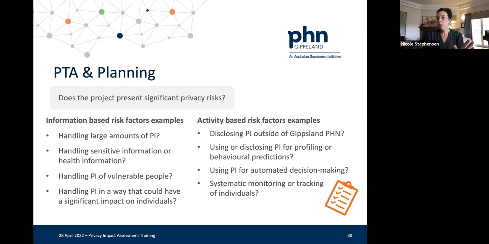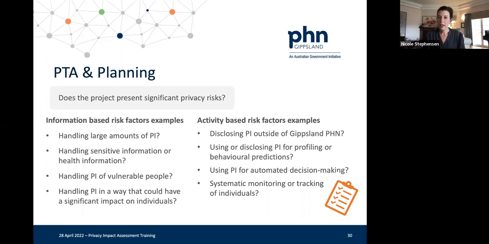Similarly, are you proposing, as part of the free public Wi-Fi activity, to have a down the track data analytics aspect, which might be used to profile particular behavior or make predictions in relation to the community that you serve and their levels of engagement for future projects?